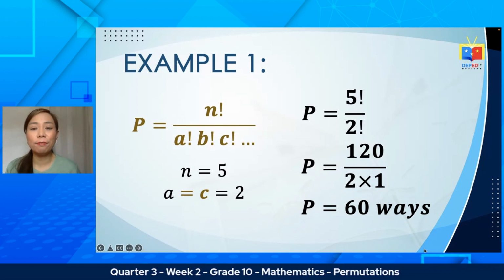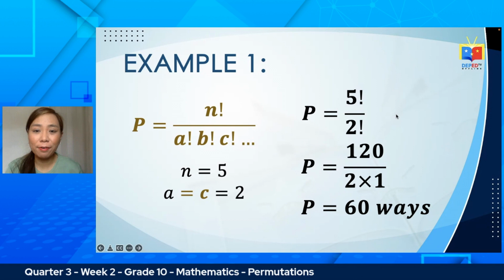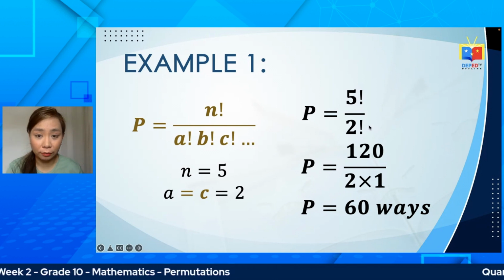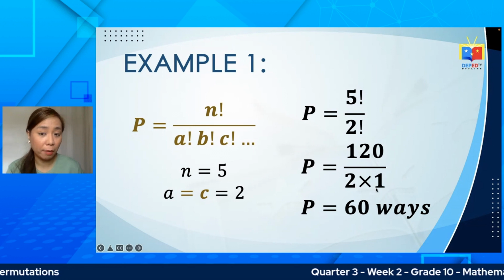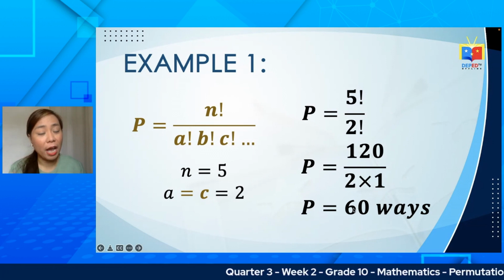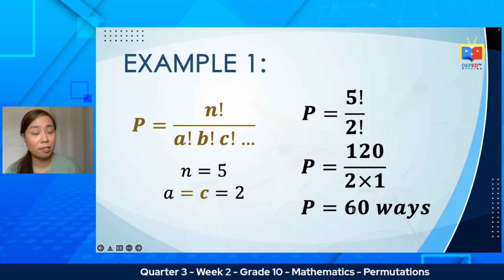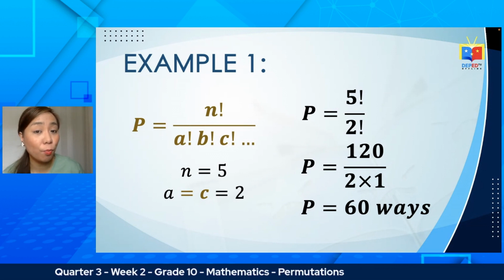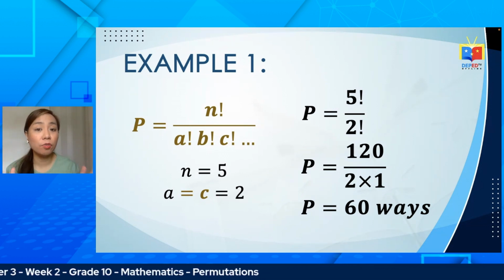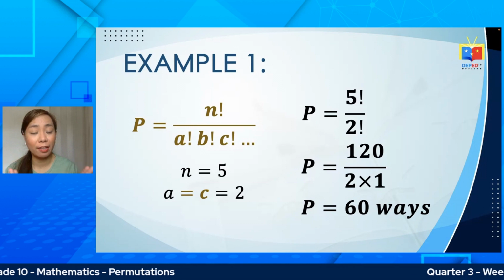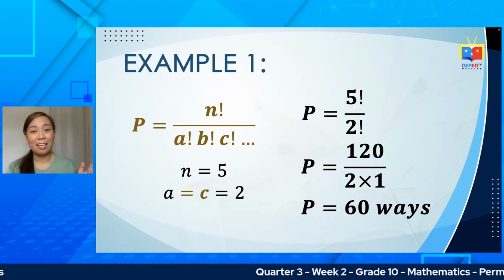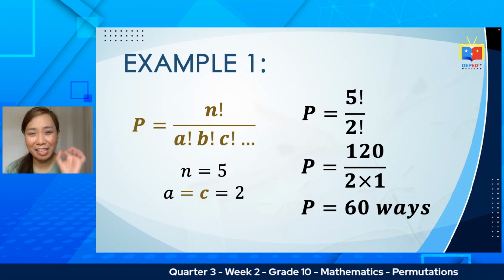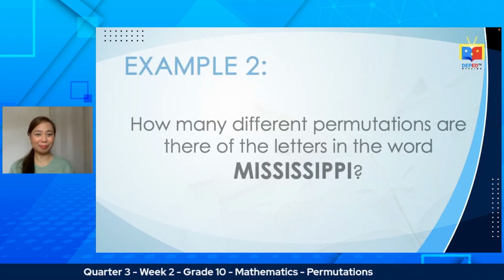Then substitute to the formula, you now have 5 factorial over 2 factorial. So that is 120 divided by 2 times 1. And we now have the permutation of the distinguishable objects, 60 ways. There are 60 unique ways to arrange the letters of the word check. See, it might look complicated, but it's actually easier.